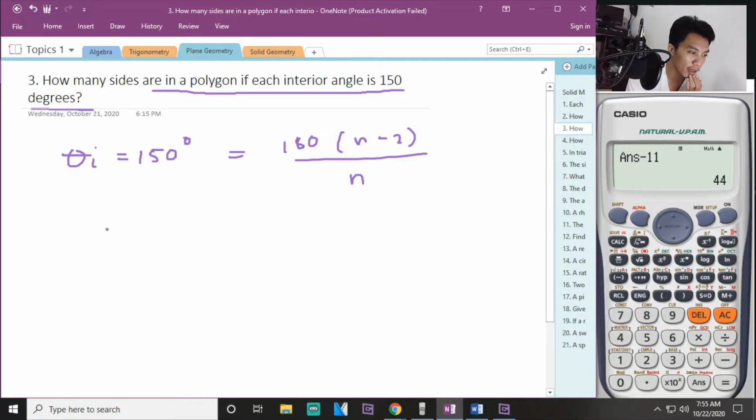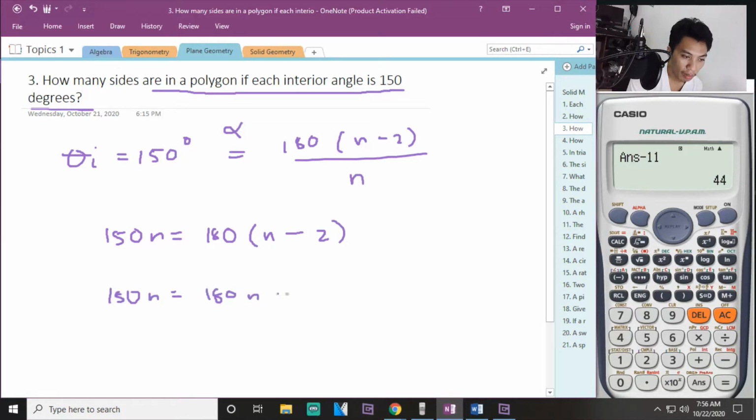So, 150, tapos multiply natin n equal to 180 times n minus 2. Tapos, distribute ko na yung 180 dito sa loob. So, this will be 150n equal to 180n minus 360. Ilipat ko si 360. So, 180 minus 150.